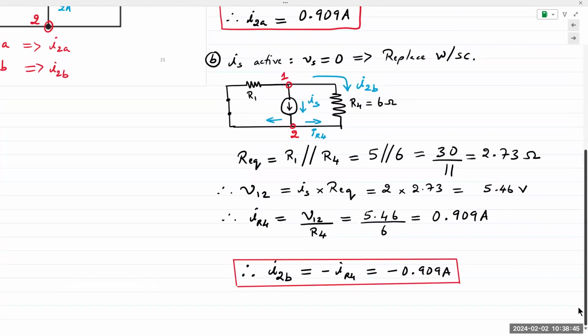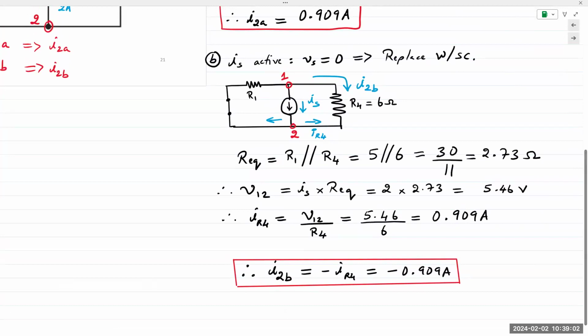That makes sense, right? Just because of the changes in the circuit, we applied this technique and we obtained that value. I will show you current division also, but we'll finish this first. So job's not yet done.